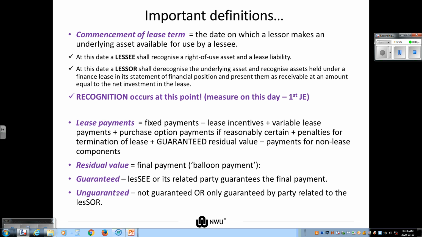The unguaranteed residual value is a value that's only known to the lessor, as it is not guaranteed by the lessee, or it's only guaranteed by a party related to the lessor. So not the lessee, any other party related to the lessor.